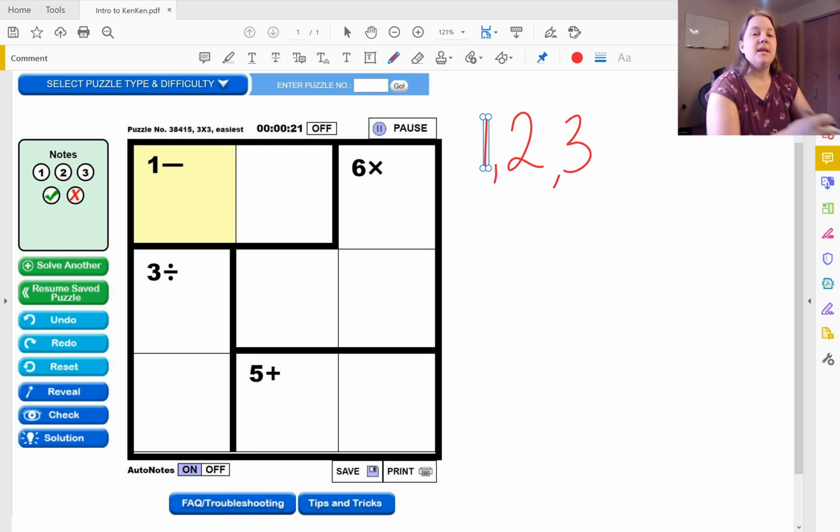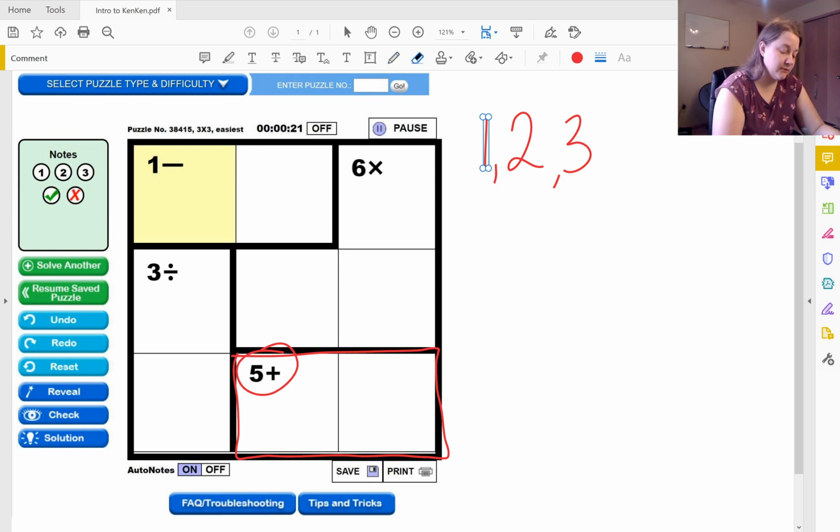Now, in addition to not being able to repeat the same number in any row or column, you also need to make sure that you're following the directions in the bolded boxes that are known as the cages. This cage right here has instructions that say 5 plus, or 5 using addition.